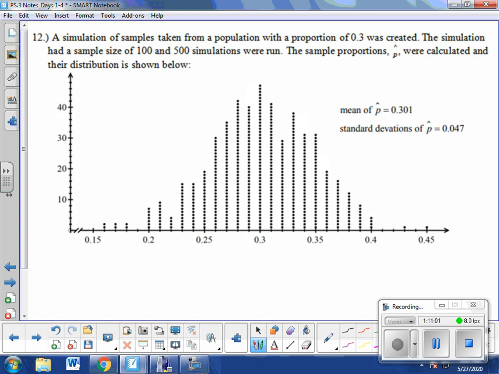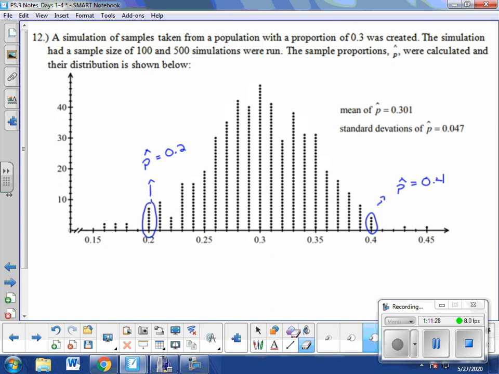up with. So if I looked here, the proportion of this group by itself, which we call p hat, would be 0.2. If I looked at this proportion right here, p hat would be 0.4. So those values weren't exactly what we had from the entire population.